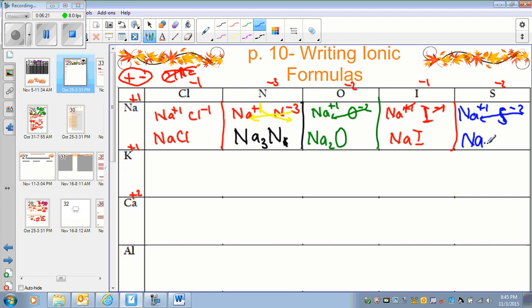So it's Na2 and 1 goes to sulfur, and I don't write 1. So you have to complete this table where you have to crisscross the numbers. Okay, but keep it in mind that when you write the final formula, no matter which one you write, there should be no positive, no negative on it. See, I'm only bringing the number. I'm not writing -2 or +1 here, or +3 or -3. Should be no charges when you finish the formula.